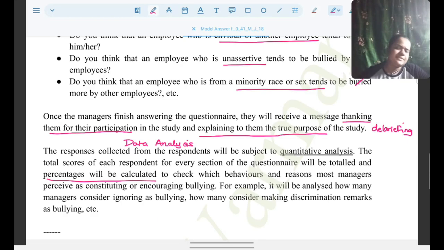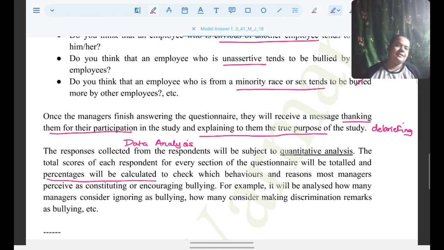So I have felt percentages would be useful. Of course, I could have calculated means as well for every section, but I thought percentages are more suitable here because I just want to know how many managers, the question that comes to my mind, how many managers consider, for example, that unassertiveness leads to bullying, and what percentage of managers do not feel that this is what accounts for bullying. So I just want percentages for comparison.